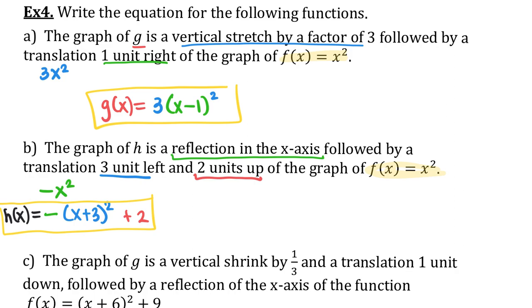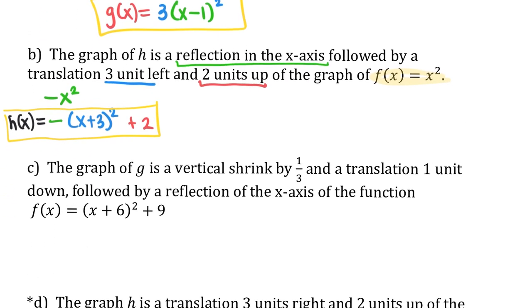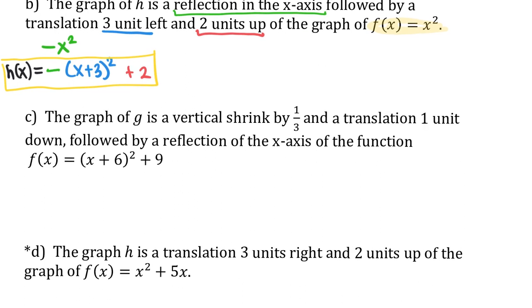Now let's try C. The graph of g is a vertical shrink by 1/3 and a translation 1 unit down, followed by a reflection in the x-axis of this function. So let's start with this. Start off with the vertical shrink of 1/3. So I'm going to do 1/3 of this.